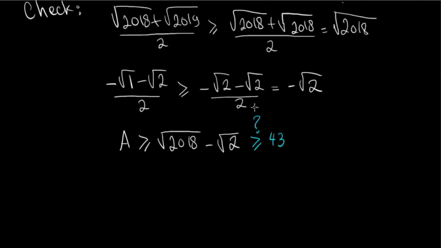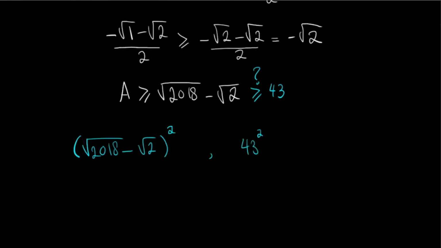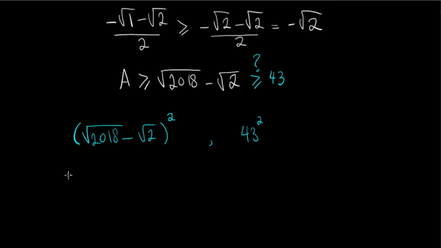So we can just square the numbers and compare which one is bigger. We compare 2020 minus 2 times square root of 4036 with the number 1849.